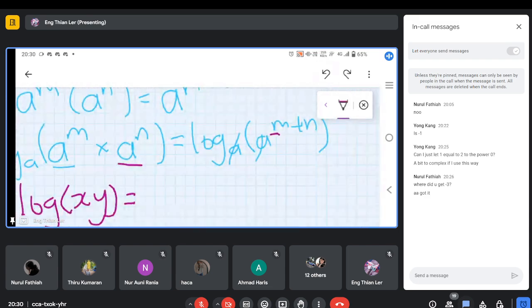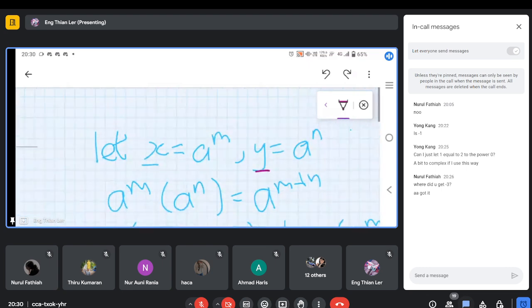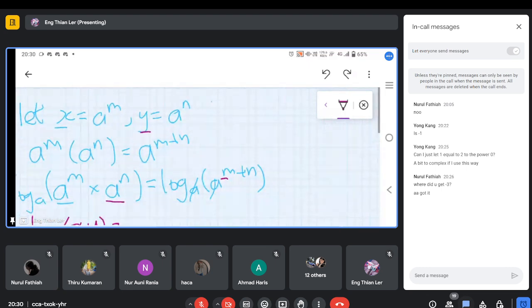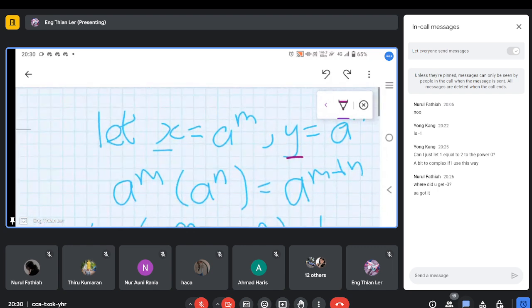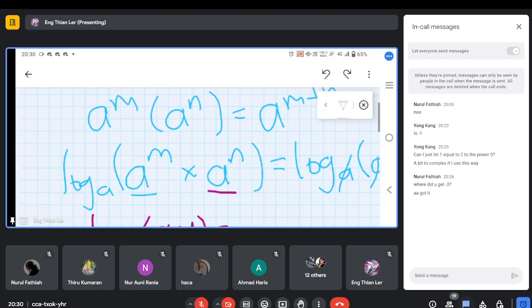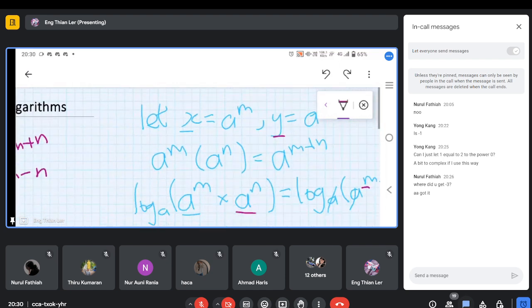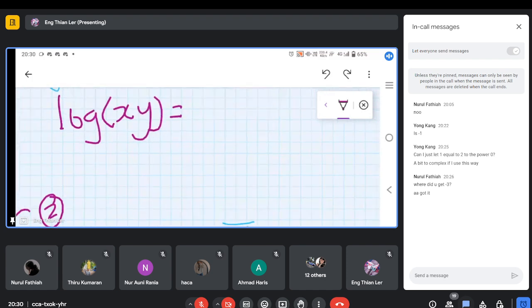Okay, this is the second part. If x equals a to the power m, then if I take the log, okay, let me just write it again.